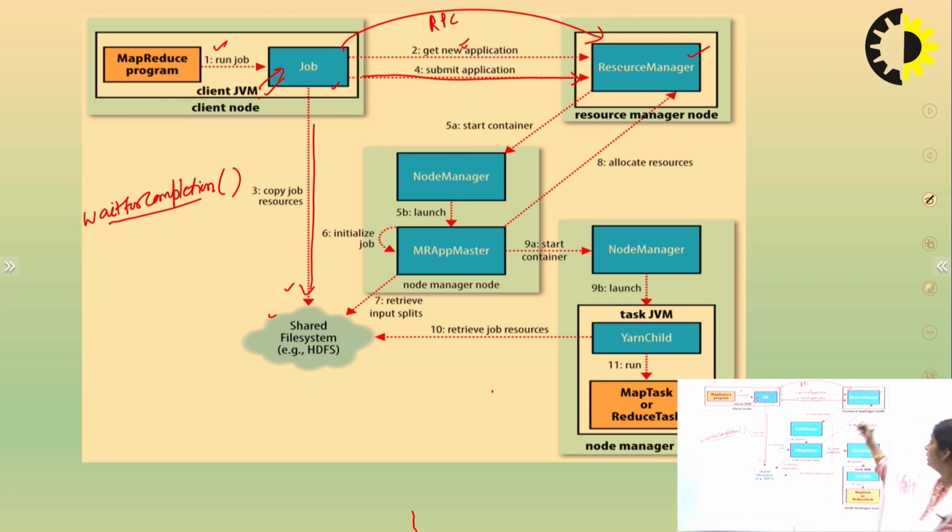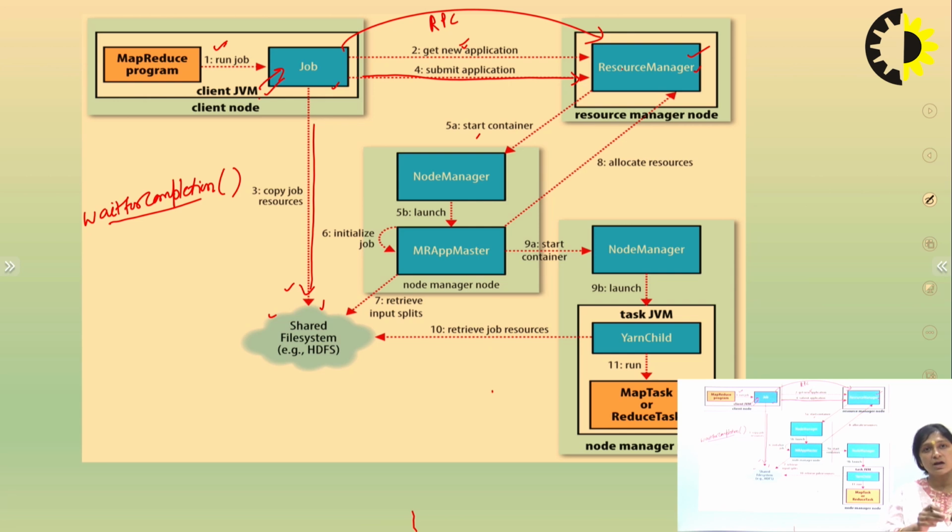Now, for the job initialization, what will the resource manager do? Resource manager will retrieve the jar file and input split from HDFS. How? First of all, resource manager will start the container. There is a node manager in the container. Node manager launches the MapReduce application master to initialize the job.